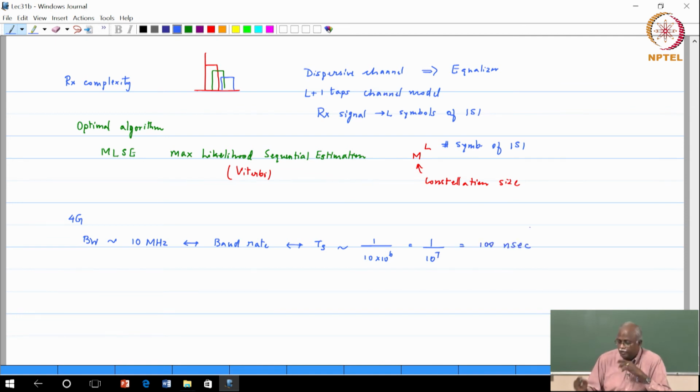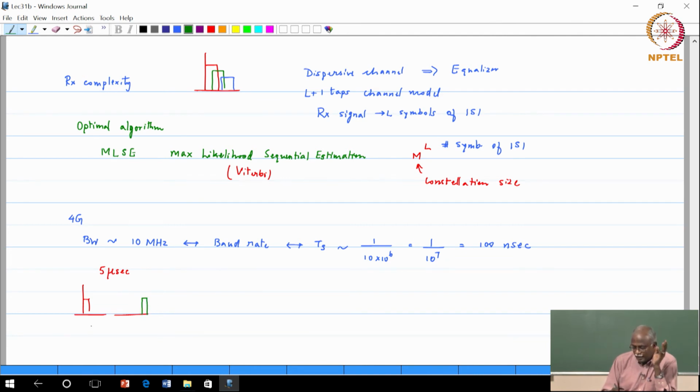That is your symbol duration. If I have a 10 megahertz single carrier system, this is what I will have. Typical delay spread in a fading multipath channel is 5 microseconds. So, if I transmit a symbol now, the latest copy will come after 5 microseconds.